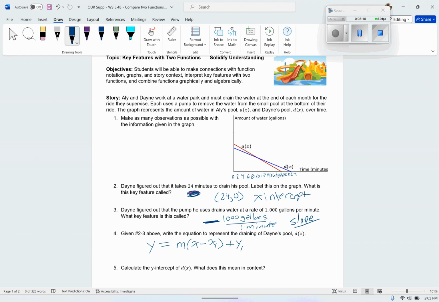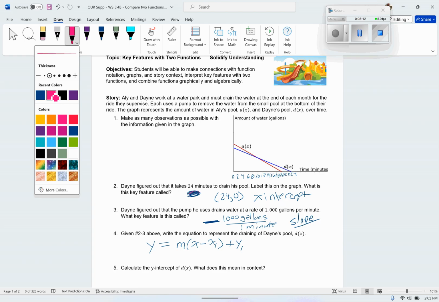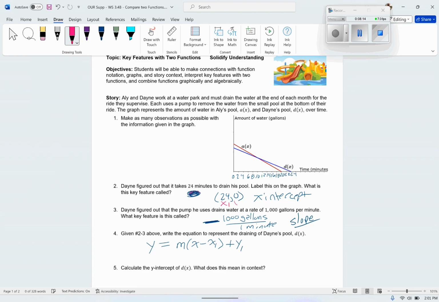I'll call this x1, I'll call this y1, and I'll call this one slope. If we plug in things we know, y equals negative 1,000 times x minus x1, which we called 24, and y1 we called what? What's y1 up there? 0.